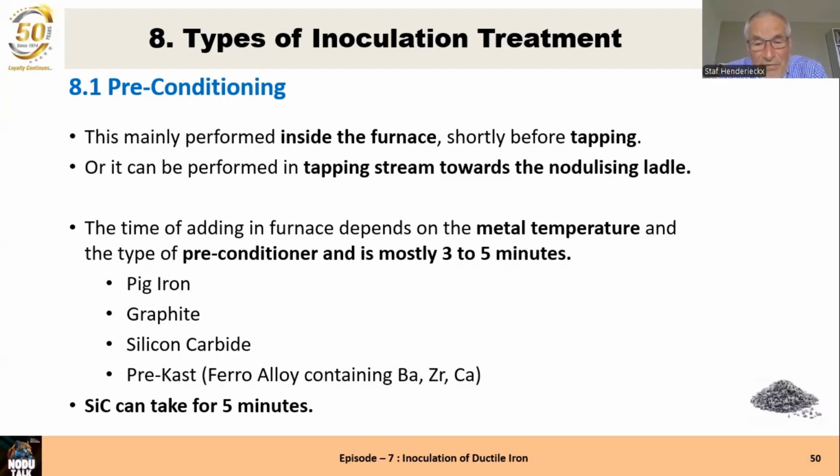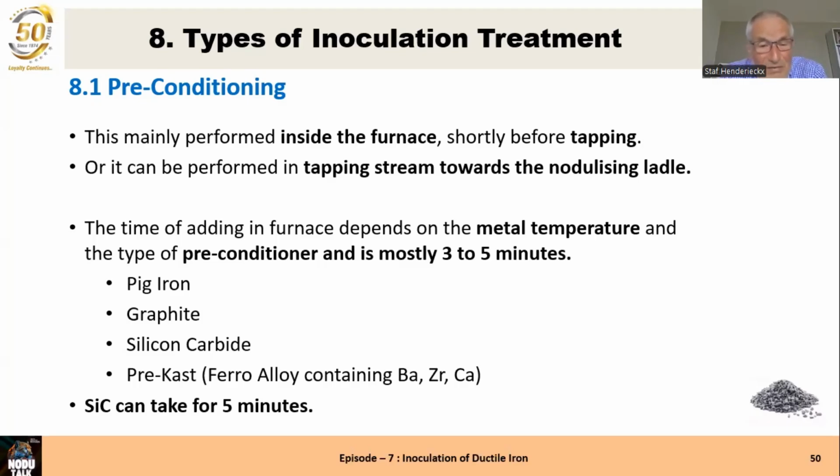The time is very important because a preconditioner should be dissolved. And that's between 3 to 5 minutes. So if you add one, do it 3 to 5 minutes before you are really tapping. What can it be? A pig iron is a kind of preconditioner. It will increase the quality of your liquid metal. Graphite, but pay attention, because graphite is dissolving very, very slowly.